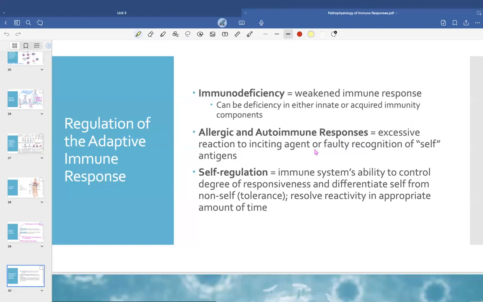Again, we'll talk about that, but it's a whole spectrum. Self-regulation is our body's ability to control how much of a reaction, how symptomatic, systemic versus local, and it's really about resolving all that reactivity, that immune response, in an appropriate time frame.